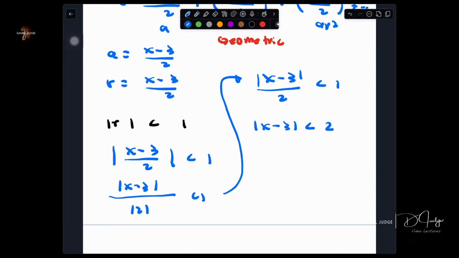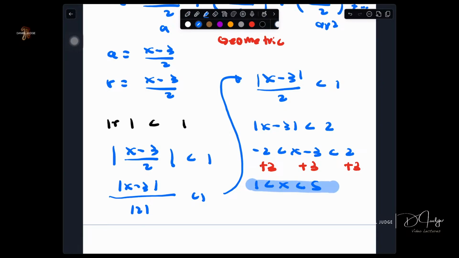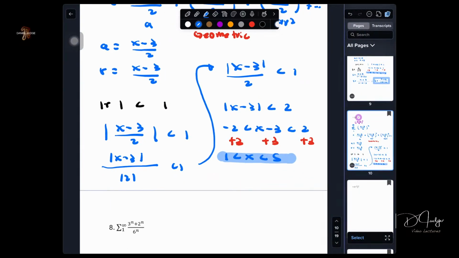An absolute value inequality, by definition, negative 2 less than x minus 3 is less than positive 2. So we can add 3 to both sides, in fact, the left, middle, and the right. You'll get convergence for values of x that are between 1 and 5.